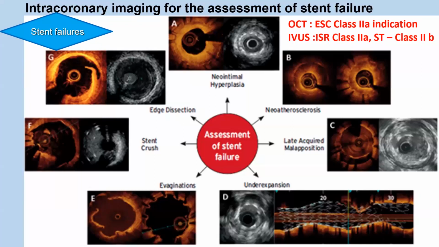So one can look at the cause of restenosis and failure, whether there is neointimal hyperplasia, or neoatherosclerosis, or underexpansion, which is again a very important, treatable cause of stent failure. Again, this can sometimes result in stent thrombosis. Understanding the mechanism of stent failure and then treating appropriately will help to avoid re-restenosis and give good long-term results.